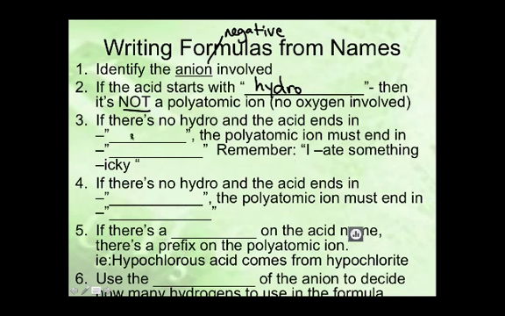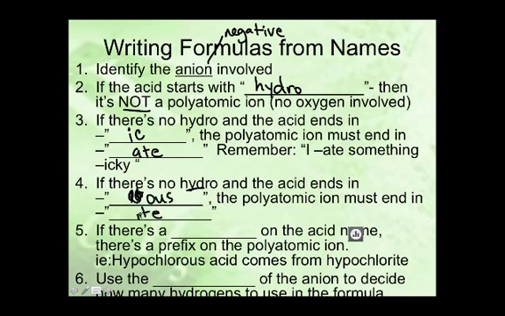If there's no hydro and the name ends in -ous, then it would be an -ite for the polyatomic ion. We've got to know which ion it is so we know how to write the formula.